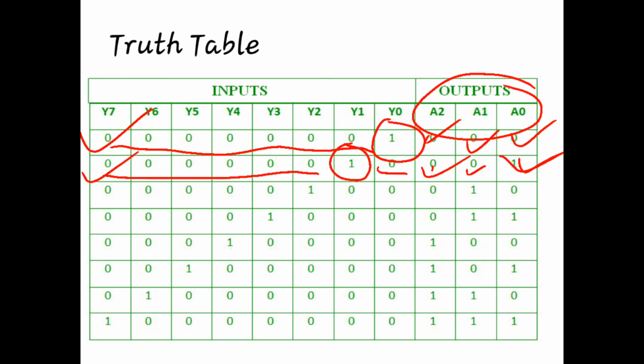So one can simply learn this truth table, or one can draw it by keeping each input active with respect to the corresponding rows.